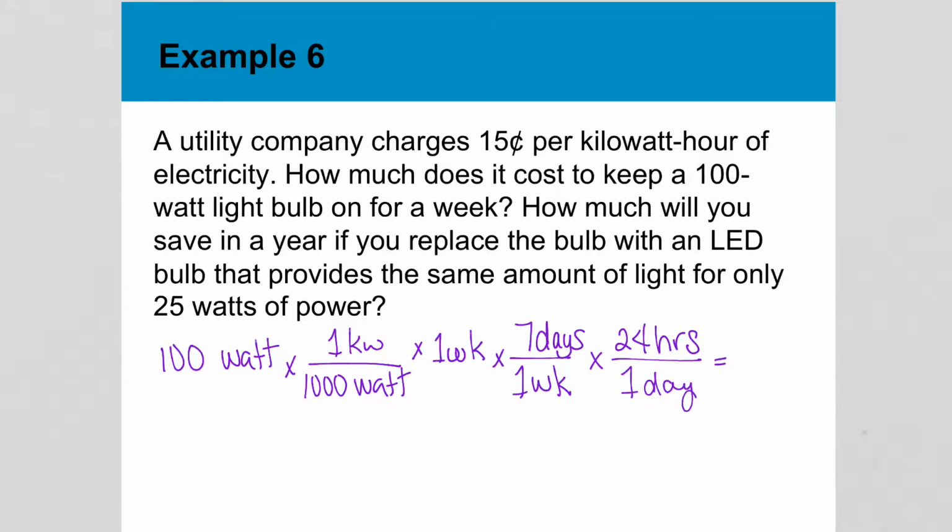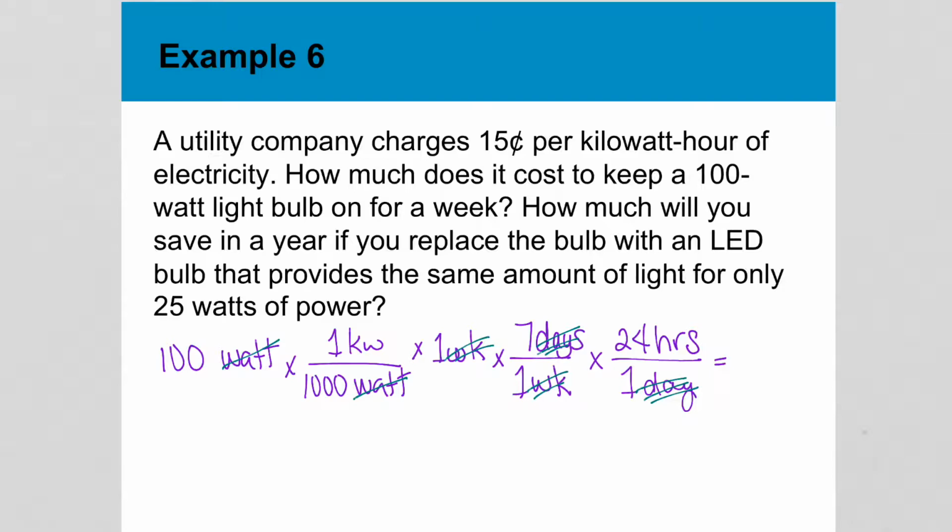Okay, so that is our pretty long conversion there. And in this, our watts are going to go away, weeks will go away, and days will go away. And we'll be left in kilowatt hours, which is what we're looking for.